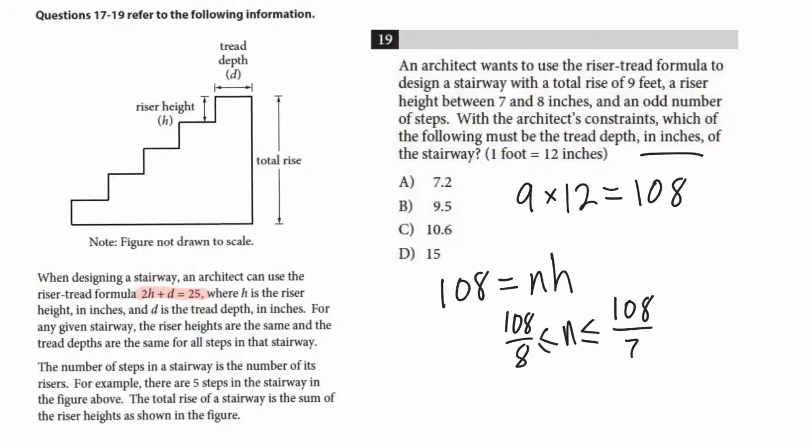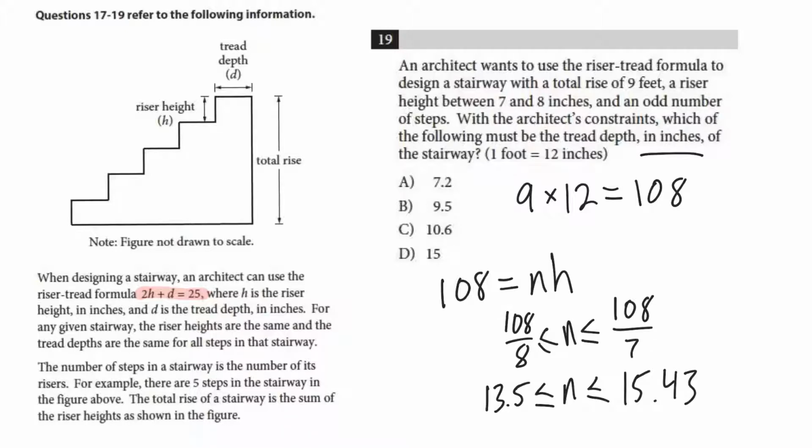If we take the quotient on the left and on the right, I'm going to pull up a calculator. 108 divided by 8 would be 13.5. That has to be less than or equal to the number of steps, which has to be less than or equal to 108 divided by 7, which is about 15.443.